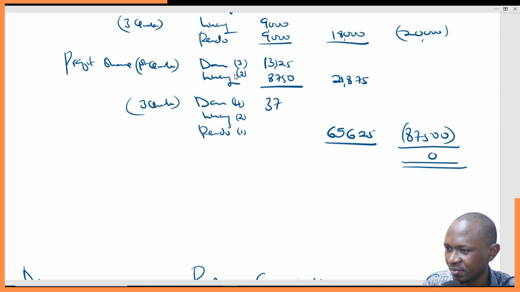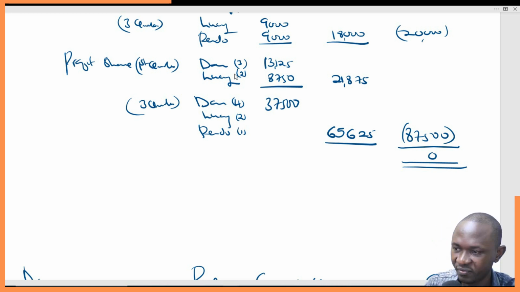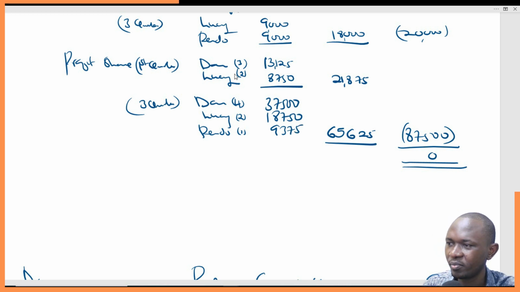Lucy will get 2 over 7 times 65,625. That is 18,750. And of course Pendo will get 1 over 7 of that, and that is 9,375. If you add these, you are going to get the total. So this is how they are going to share the profits.